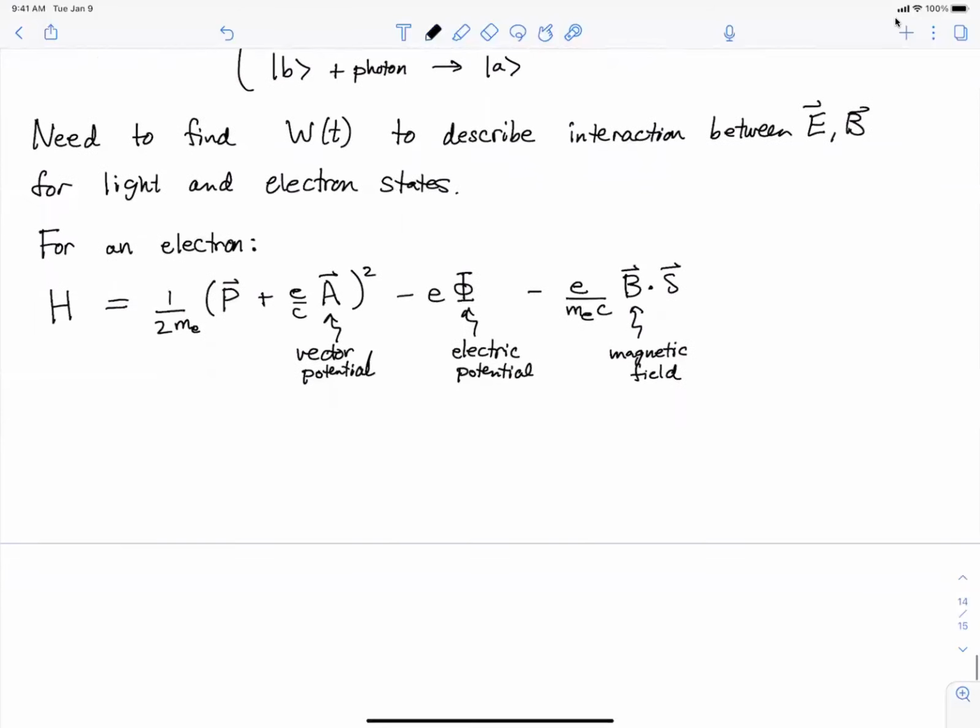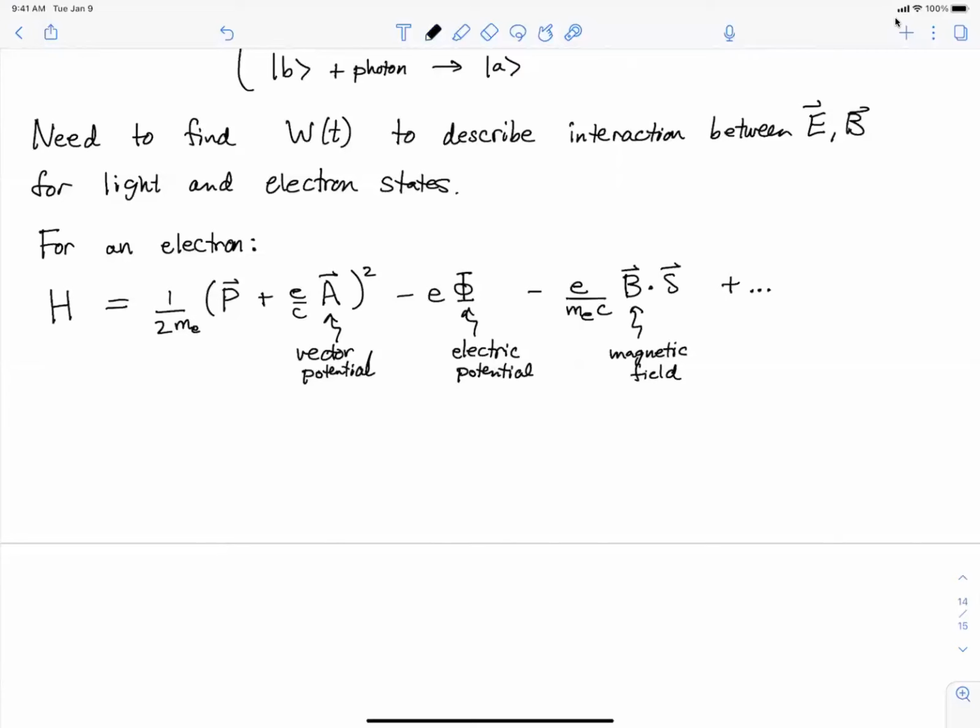Okay, so B here is the magnetic field. And then I'm going to write plus dot, dot, dot, which might represent other contributions to the Hamiltonian. That might be, for example, potentials associated not with these magnetic fields, but maybe some other magnetic fields, maybe from some nearby atoms that we're not worried about right now.